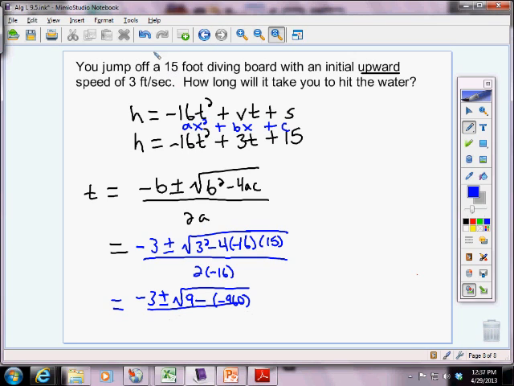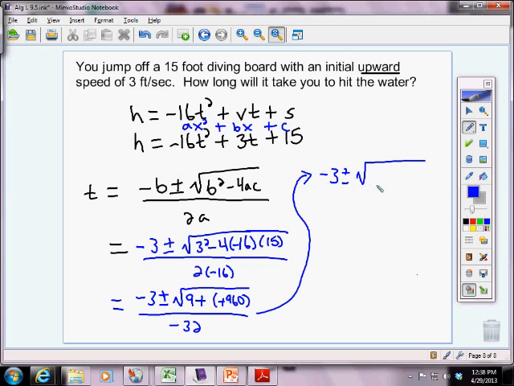All divided by 2 times a negative 16 is a negative 32. Negative 3 plus or minus the square root of 969, all divided by a negative 32.